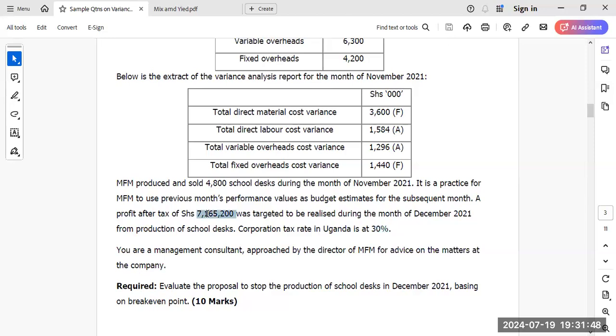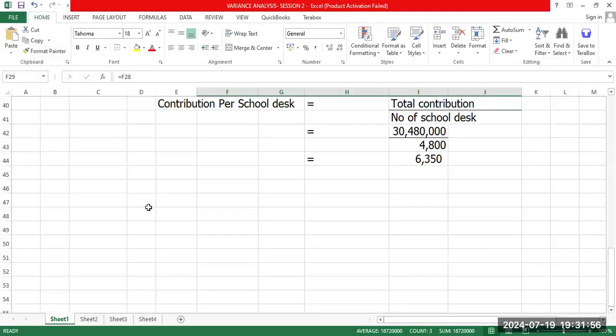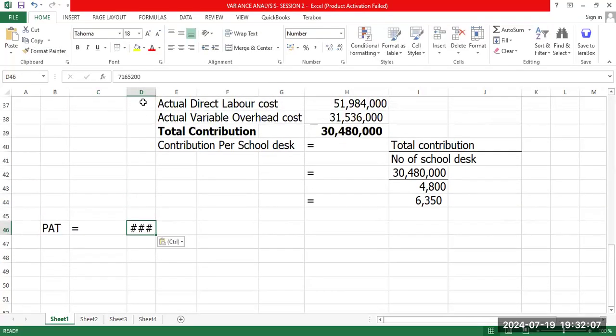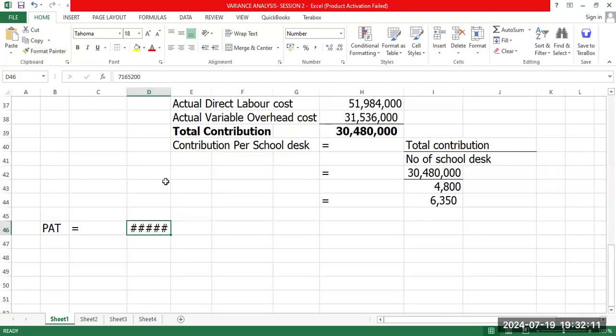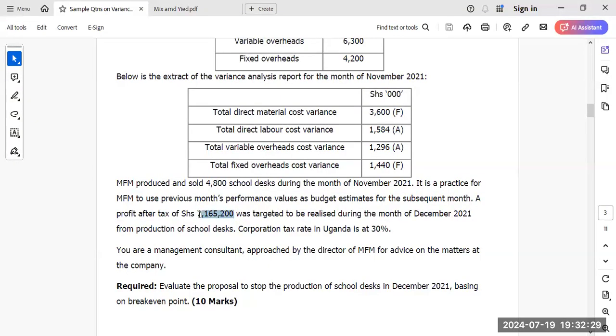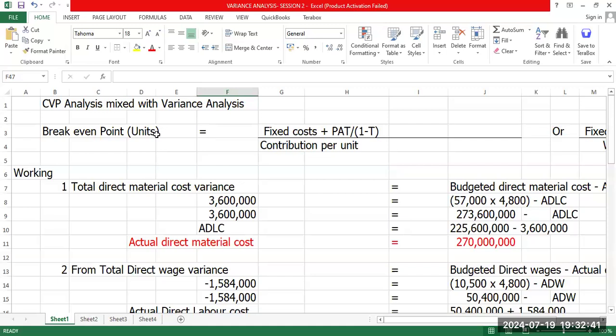Profit after tax is equal to this one, then we substitute in our formula.